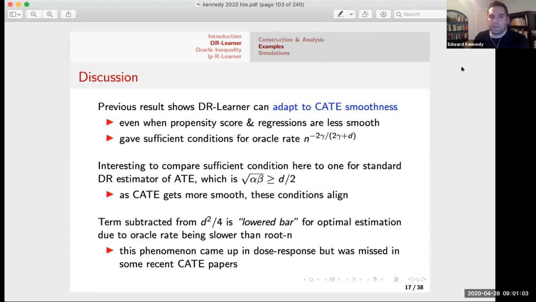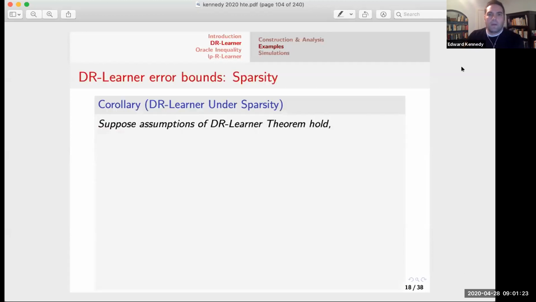But the upside is that you can achieve oracle rates under relatively weaker conditions. This kind of thing came up in the dose response estimation problem as well, which is similar in spirit in some ways. But I don't know that it's been mentioned in the CATE problem specifically. Okay, so that's the smoothness model.